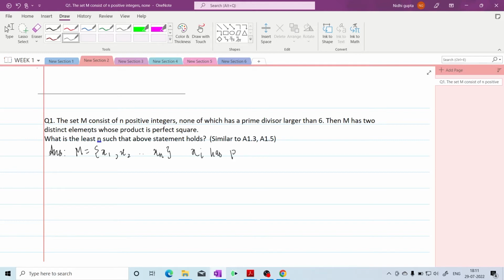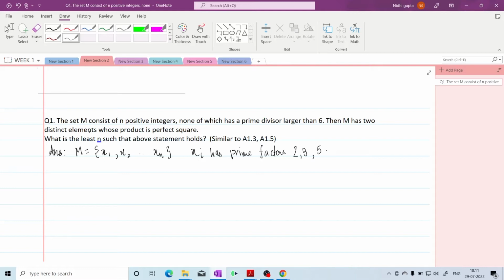The possible prime factors are 2, 3 and 5. Then the claim is that M has two distinct elements whose product is a perfect square of an integer. And we have to find the least n for which this property holds.